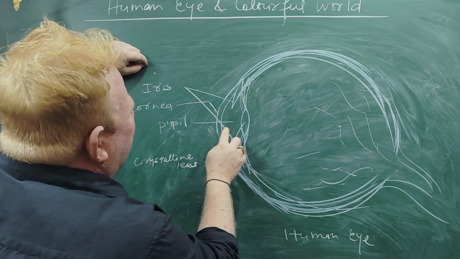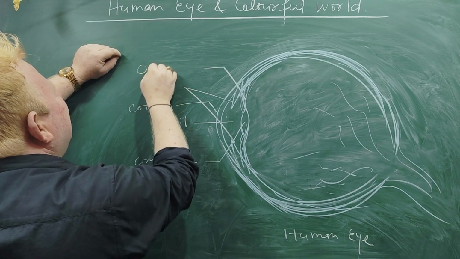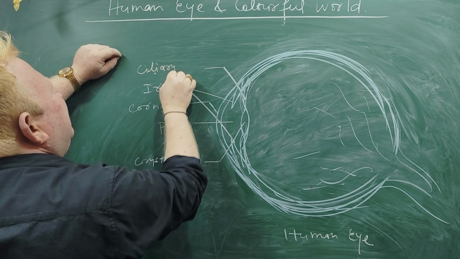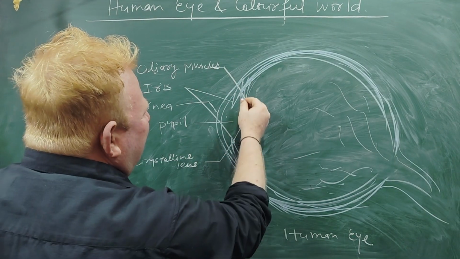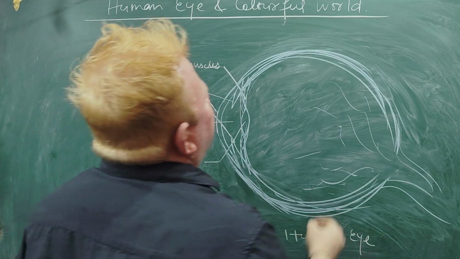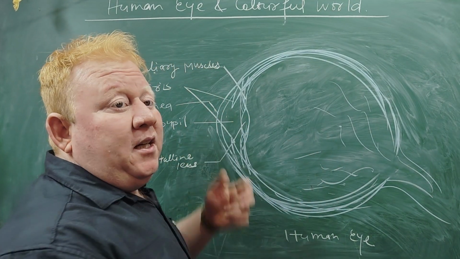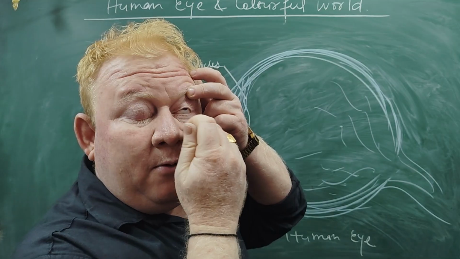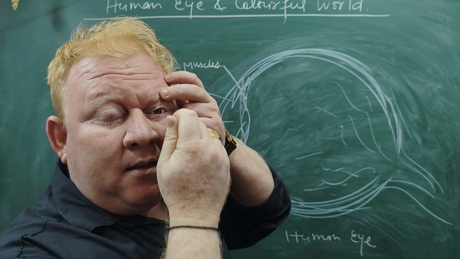And behind this iris, this is the ciliary muscle. Here, three layers are there. This is the outermost layer, the white part you are seeing outside this circular diaphragm.